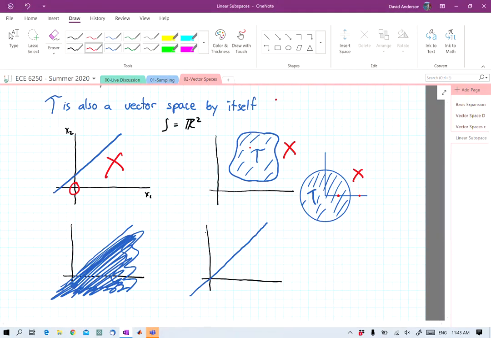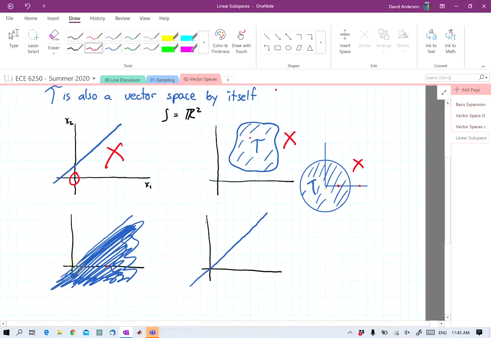What about this next one? This is a little bit trickier, isn't it? So here we have the origin included. It would be more obvious if I did draw this more straight. If I pick, say, this point and I multiply it by 2 or any number, it's still in there. Okay, what about if I pick a point somewhere along here and multiply it by 2? That's still there too. Okay, so this is closed under scalar multiplication, but what about under vector addition?